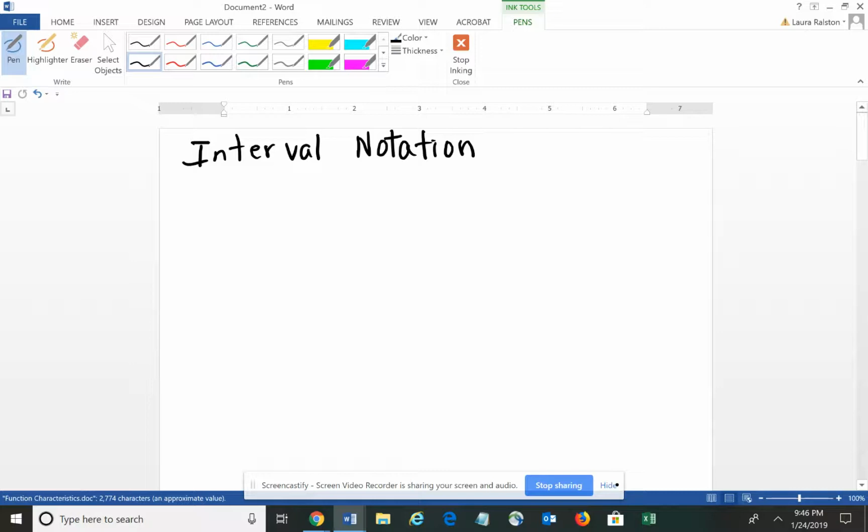Basically, with interval notation, what you're trying to do is express a range of values or numbers in a shorthand notation format so that you don't have to actually list out every single number that could be used, which is virtually impossible to do anyway.